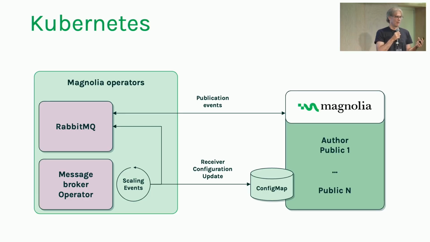That's the custom code in the operator. What it will do is connect to RabbitMQ in this case and configure additional queues for the additional public instance, and the additional exchanges that are needed there. So we can actually deal with additional public instances. This is kind of a roadmap towards being able to scale your number of public instances more dynamically.